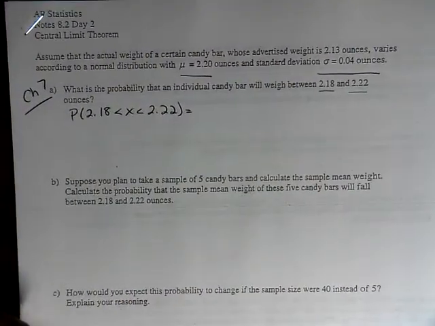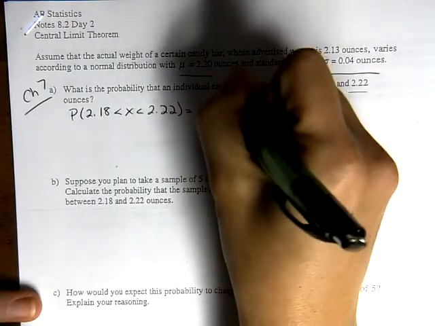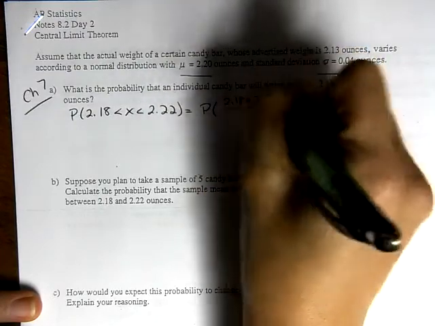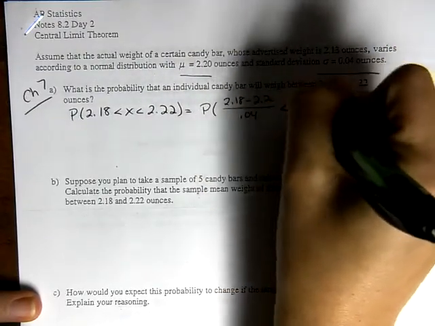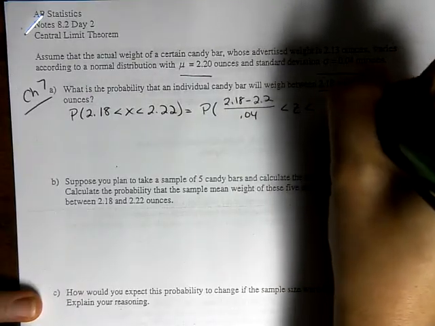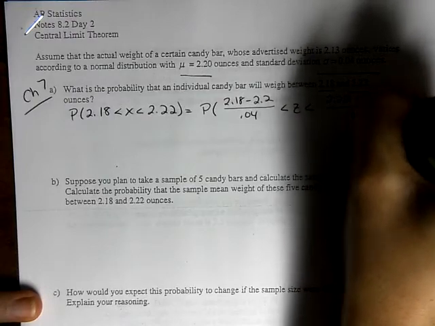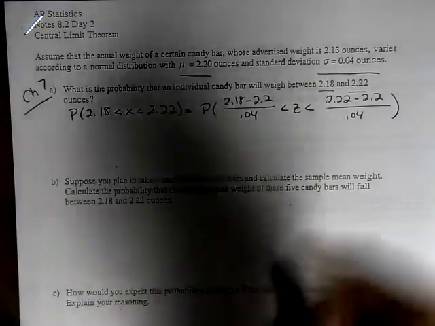So we know it's a normal distribution, so let's find our z-scores. We're going to do (2.18 minus 2.2) divided by 0.04, less than z, less than (2.22 minus 2.2) divided by 0.04.